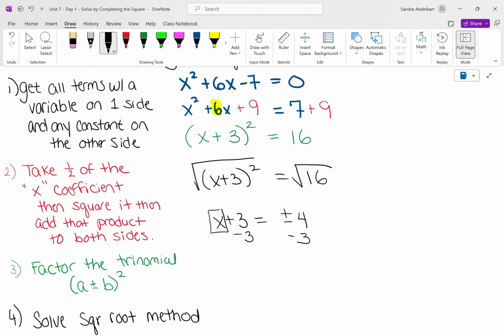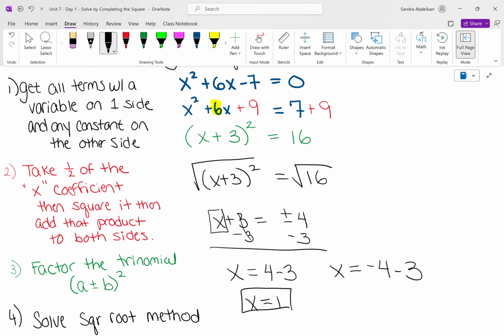Now to solve for x, we need to subtract the 3 on both sides. But what ends up happening is we end up getting two different equations. We end up getting x is equal to 4 minus 3, but then don't we also end up getting x is equal to negative 4 minus 3? So we end up with x is equal to 1 and also x is equal to negative 7.